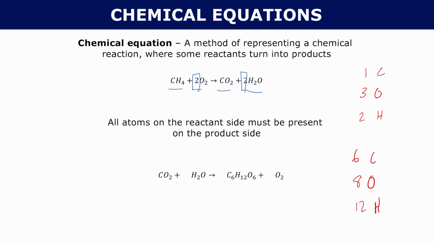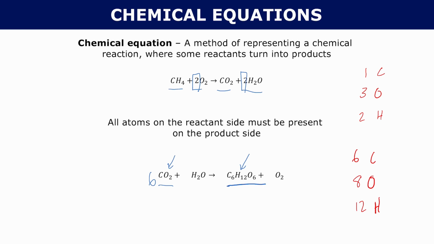There are a couple of tricks to balancing a chemical equation. And probably the most helpful one is to look at which element has only one source. If you look at the left-hand side, the only source of carbon is the carbon dioxide, and the only source of carbon on the right-hand side is the glucose. And since there's only one carbon here and 6 carbon here, you know that the coefficient that goes here must be 6.